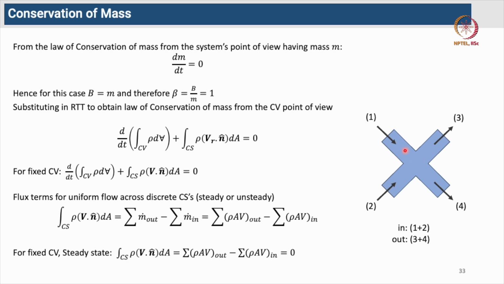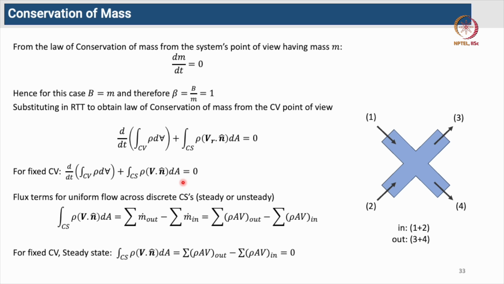It's like a pipe. You can think about it like a pipe. So dm by dt is equal to 0. For this case, m equal to 1, so beta is equal to 1. If you do the Reynolds transport theorem, you will see that this is equal to 0. So for a fixed control volume, this is equal to 0.